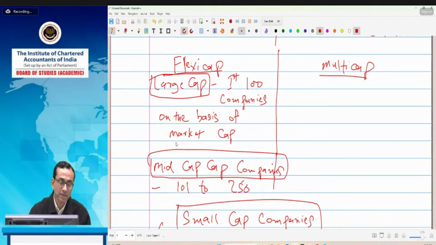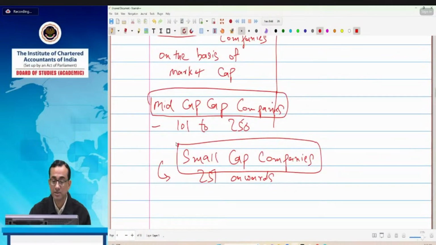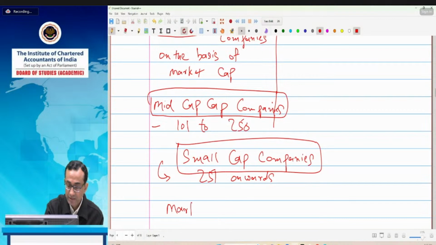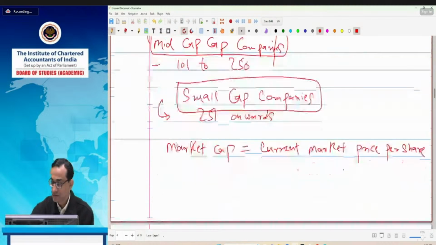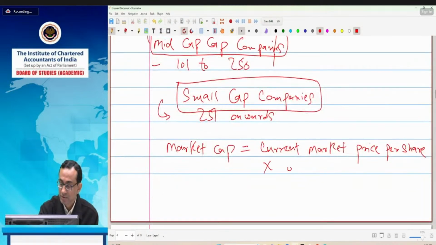Yes, Suraj, market cap means current market price per share multiplied by the number of outstanding shares. So market capitalization is equal to current market price per share into outstanding number of shares.